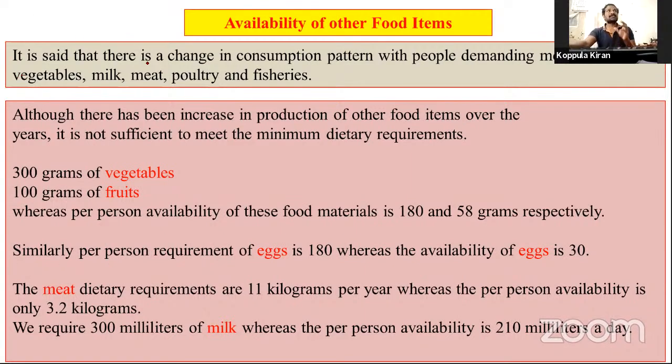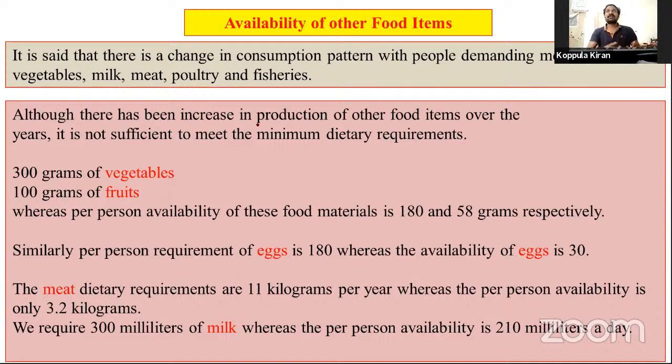See this, it is said that there is a change in consumption pattern with people demanding more fruits, vegetables, milk, meat, poultry, and fisheries. Although there has been an increase in production of other food items over the years, our lifestyle changes, and our food habits also change day by day. We have preferred other food items.